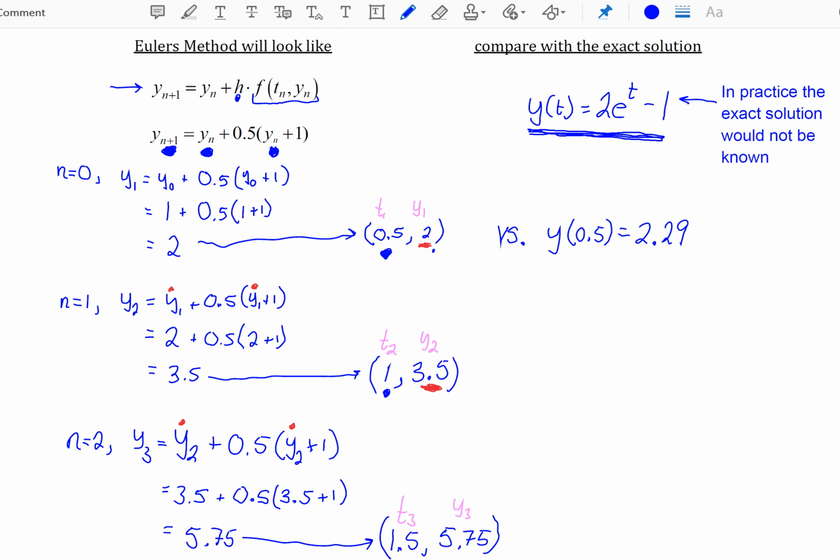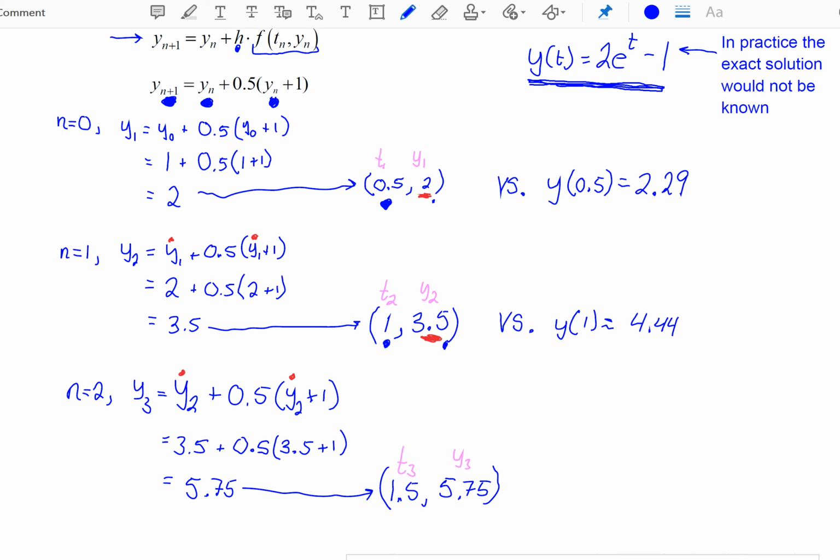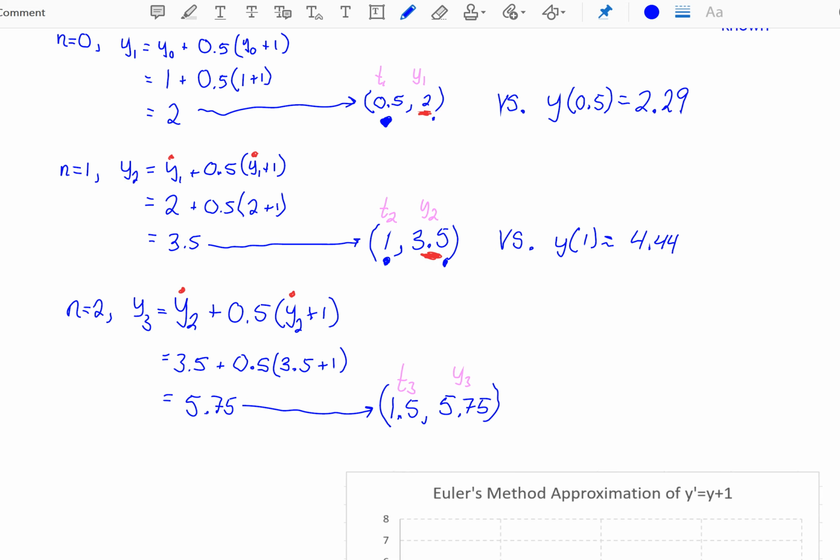Okay, so if we continue, at our second iteration, we approximated y to be 3.5 versus the exact answer. Now here we're looking for the exact answer at t equals 1. And I'm going to round this to 2 decimal places again. You should get 4.44. At our next iteration, we predicted our y value to be about 5.75 versus the exact solution.